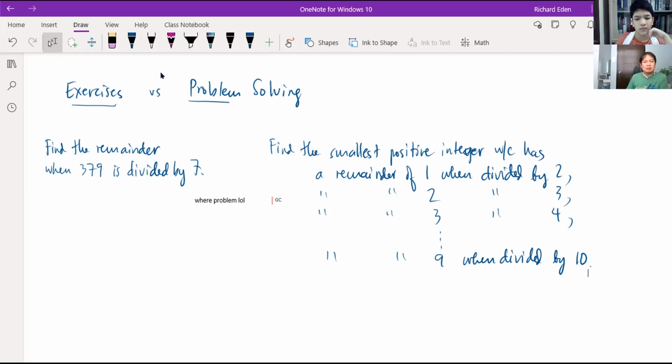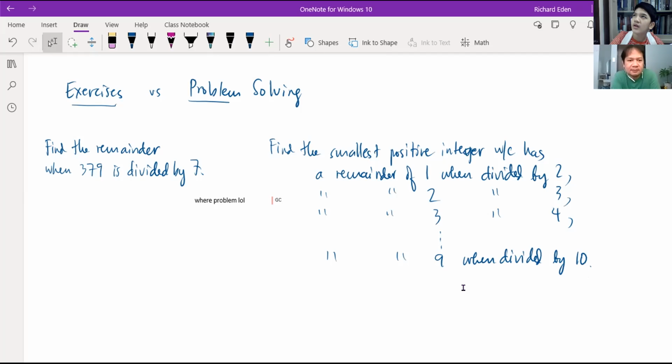Have you seen this problem before, Joshua? Have you seen this before? Not yet. Okay. And then there's a remainder of 4 when divided by 5. So when the remainder is 4 when divided by 5, what does that tell you about, let's say, the last digit?